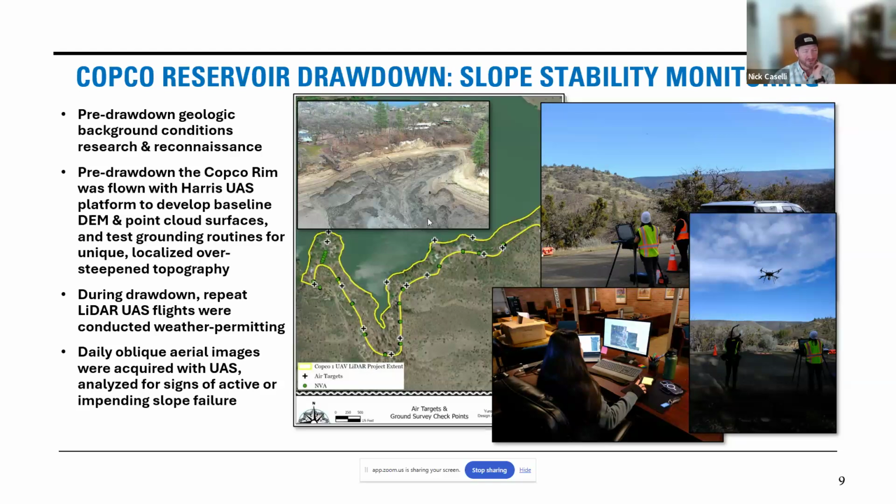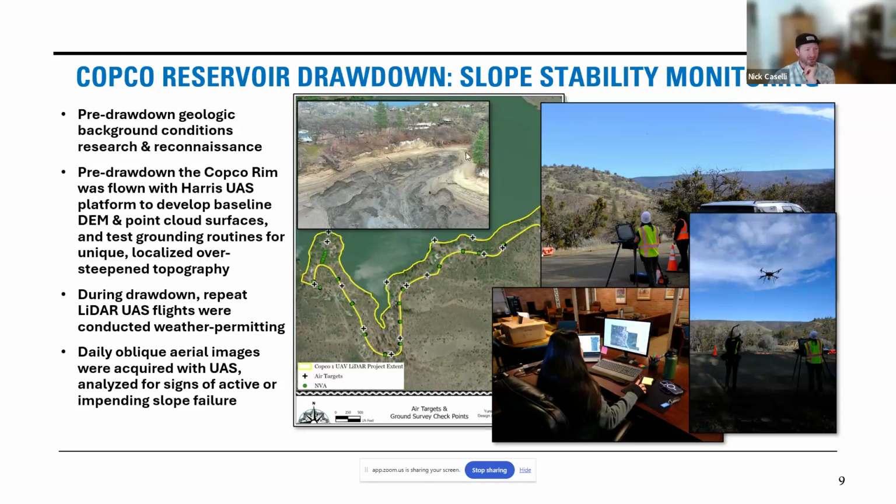And then during drawdown, it happened to be a pretty rainy couple weeks, so that made it a little tricky to get the drone up. But during drawdown, as many times as we could, we would fly the drone, process, and collect data, and basically developed a time series of surfaces to be able to evaluate, not just for obvious changes, but maybe for slope movement or earth movement that might not be so obvious to the observer.